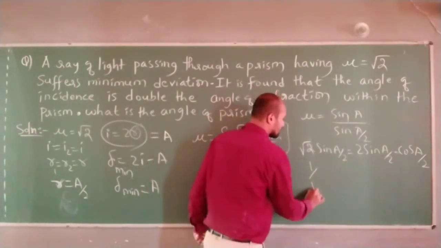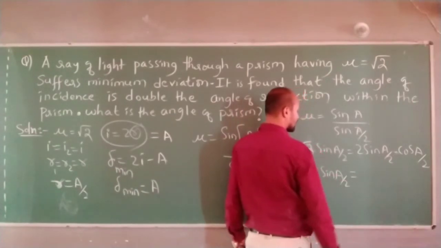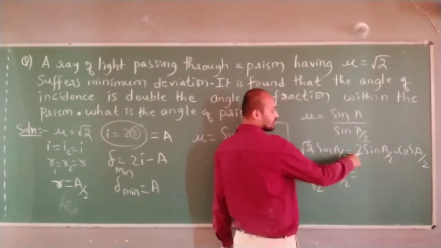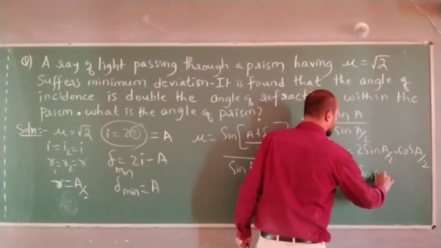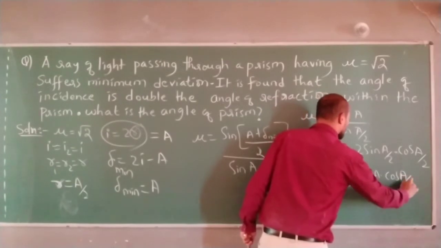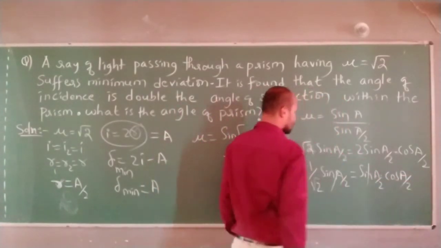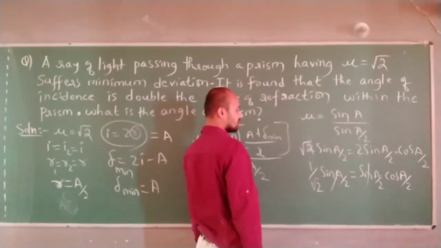I can write this as 1 by root 2 into sine of A by 2 will be equal to, one root 2 and this one are getting cancelled, one root 2 remaining here, sine A by 2 into cos A by 2. Got it? So cos of A by 2 is equal to 1 by root 2.